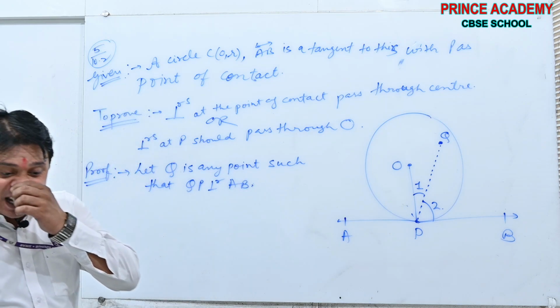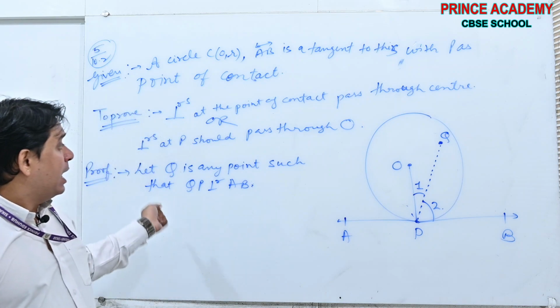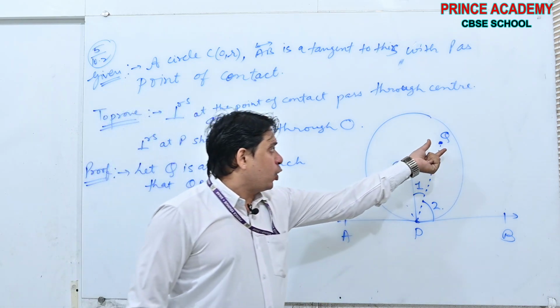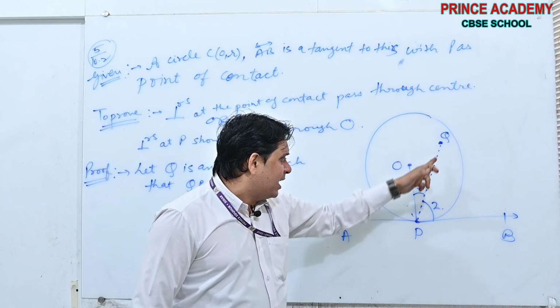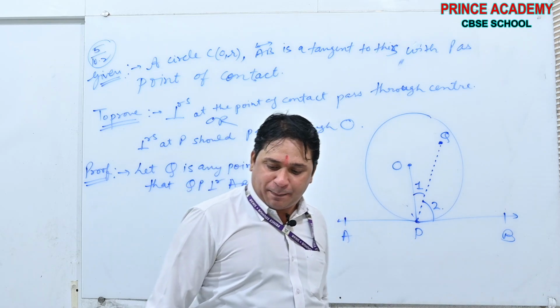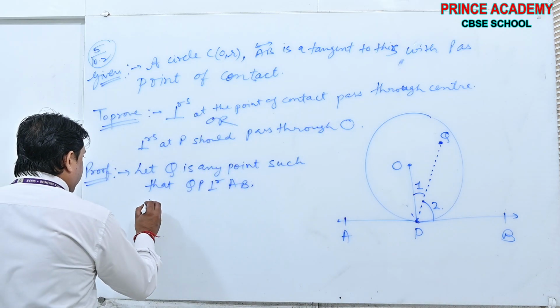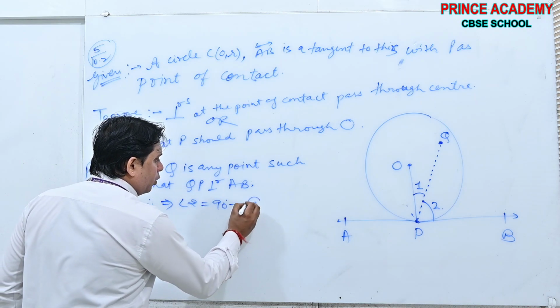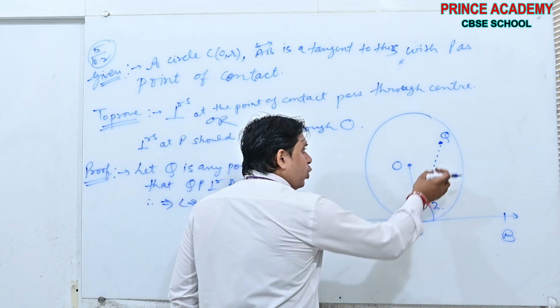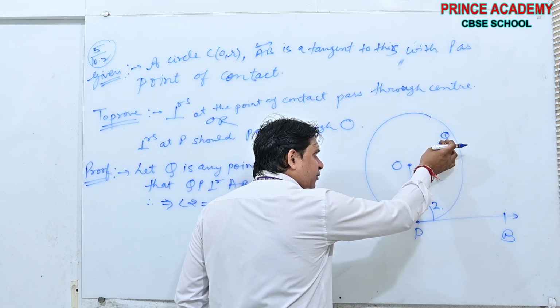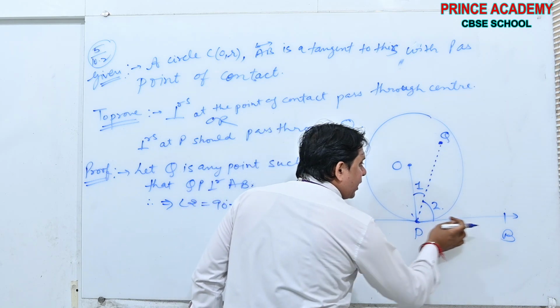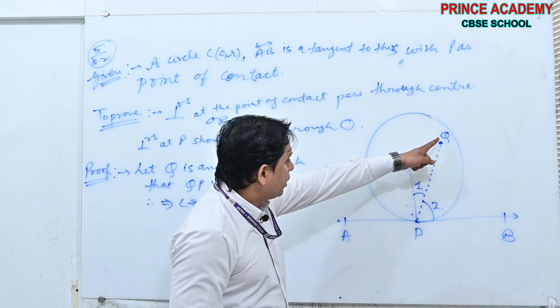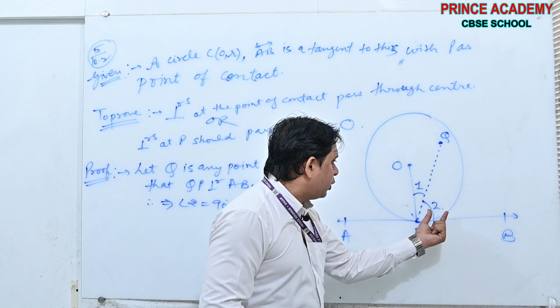What I did here, I assumed Q is any point such that QP is perpendicular to AB. Therefore, can I write angle 2 is 90? Yes or no? Therefore, QPB will be 90, angle 2 is 90.